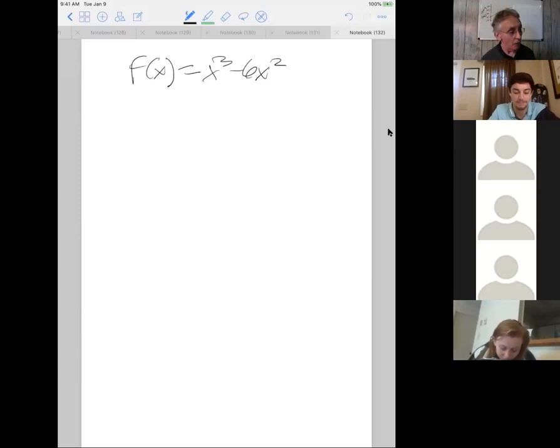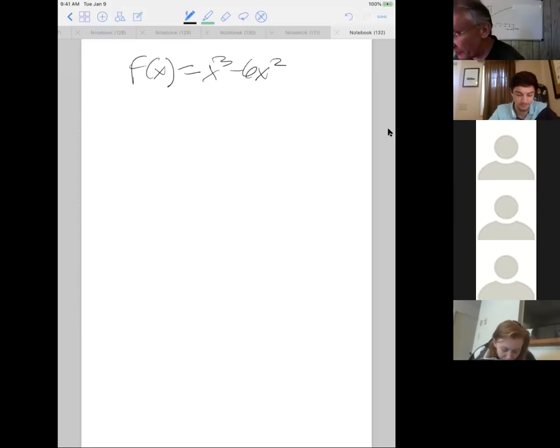More than a handful of you didn't use the first derivative test, and that was a chunk of the answer, and it's going to matter more downstream to demonstrate you understand how to use that. First derivative test means we have to take the first derivative and check the slope on either side of the critical number. So let's get going on that.